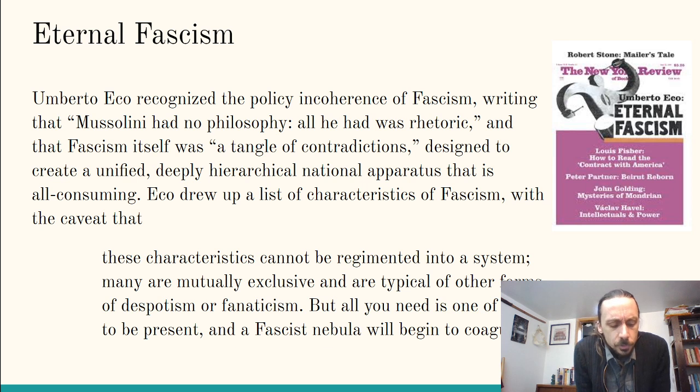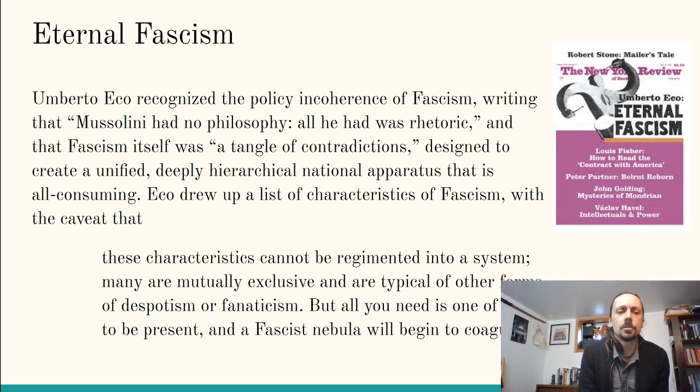Later on, as people tried to understand what fascism was in the 50s and 60s, apart from, for example, the Nazis' obsession with race, at the level of policy, what you had was a really deep incoherence. Umberto Eco said Mussolini had no philosophy, he was just rhetoric.